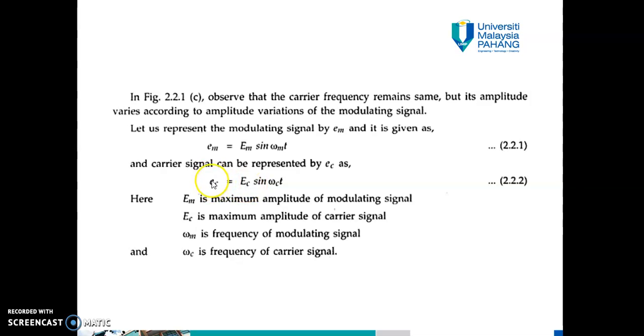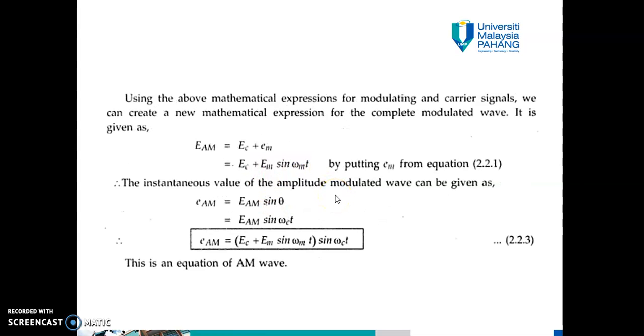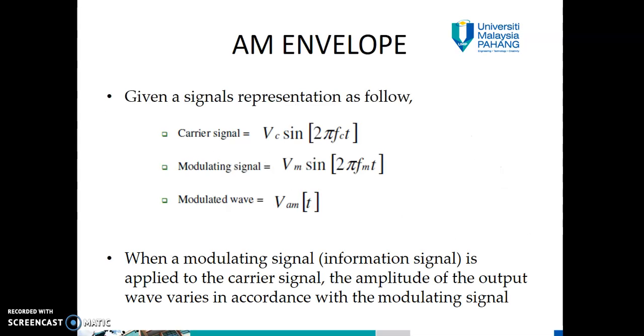In terms of time, VCT, EC sine omega CT, where omega C equals 2 pi fC. Don't worry, I will recap. When you apply this formula, you get EAM equals EC plus EM sine omega MT, sine omega CT. Next class I will show you the derivation for this mathematical formula. This is an introductory class.